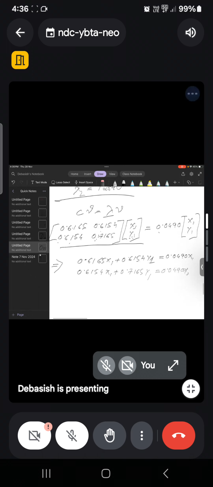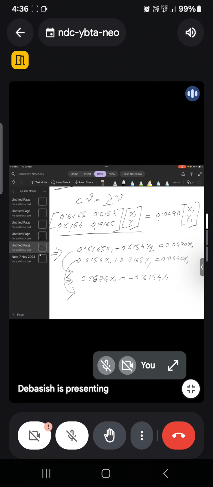Okay, so we'll get two equations from this. We'll get 0.575674. You just calculate. I'm just putting the values because we have no time for the calculation.